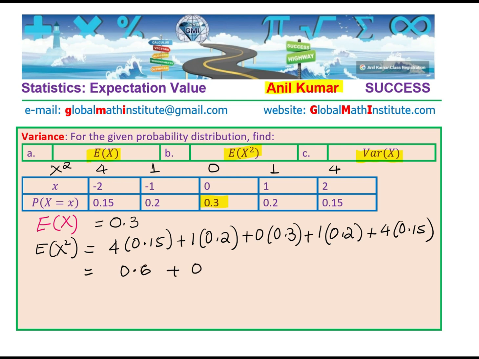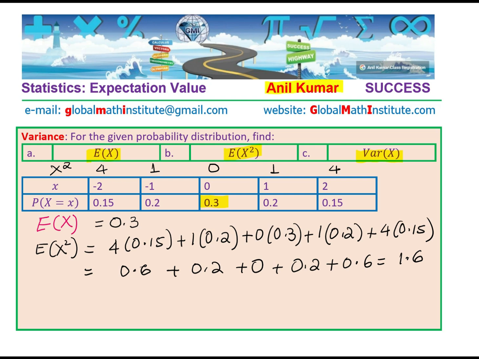And this will be 0.2, 0 plus 0.2. And from the symmetry, we can write 0.6. Adding them up, we get 0.6 plus 0.2 is 0.8 plus 0.8 is 1.6, correct. So the value of E of x square is 1.6.